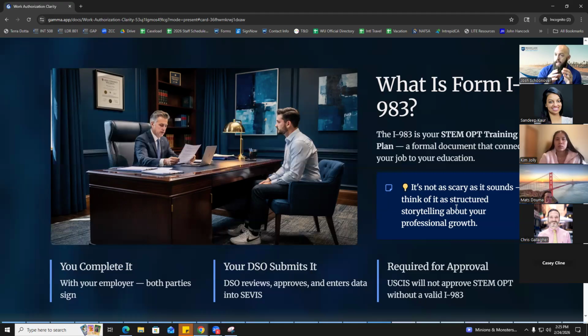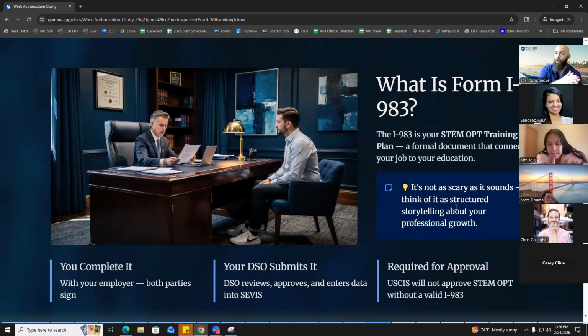One recommendation that I like to give to students is if you're very familiar with your job duties, you can go ahead and fill out the job duty section, how it's related to STEM, and then present that to your employer and ask them just to sign. You're both going to need to sign it anyways. Sometimes the employers will go through it with you, but sometimes it helps if you fill it out first.